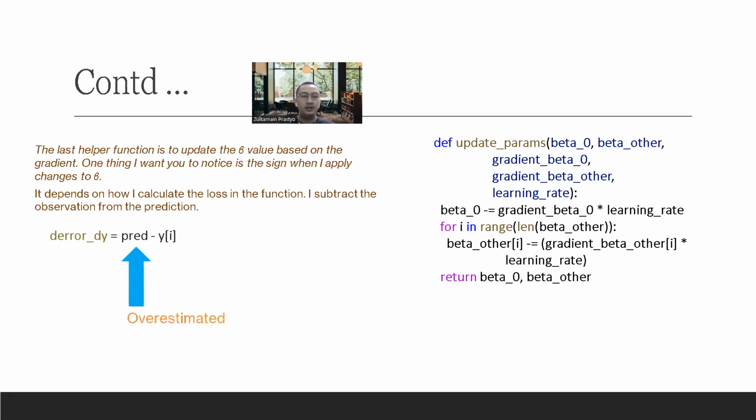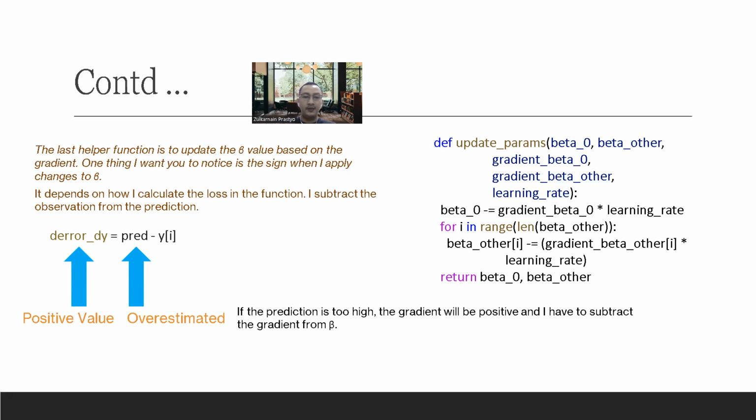From 0, dy equal predict minus y, I have an overestimate, and then the output I have is a positive value. So if the prediction is too high, the gradient will be positive, and I have to subtract the gradient from beta. And how to get beta new? The output equals beta old minus positive gradient. Well, I need to subtract the gradient from beta.